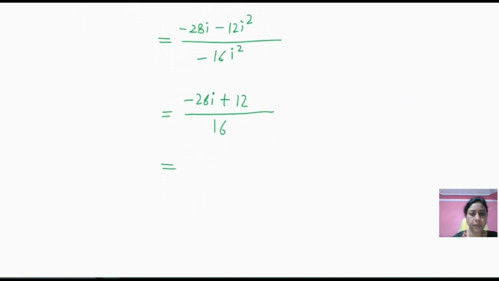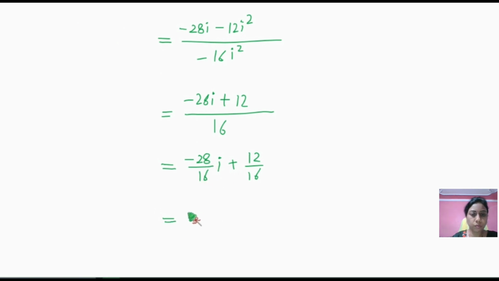Here 28 divided by 16 i plus 12 upon 16. We can simplify.